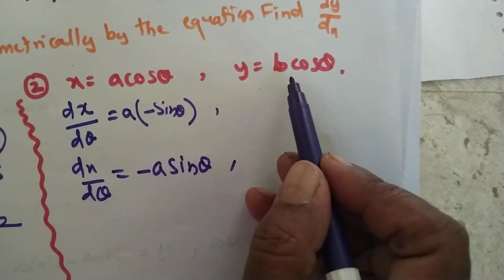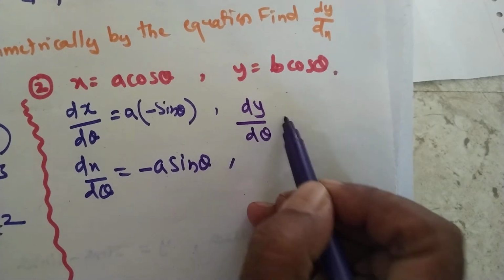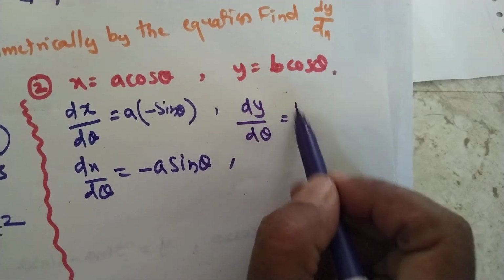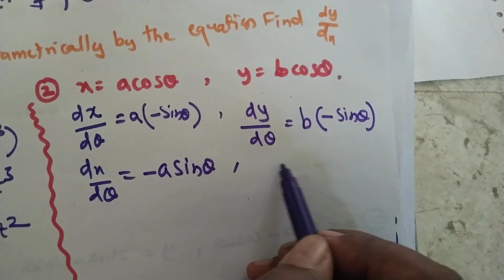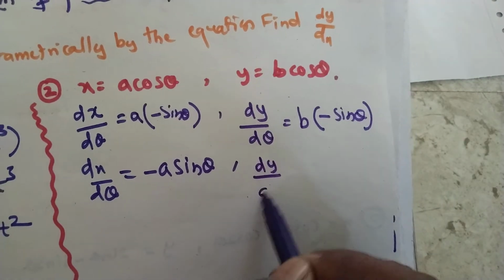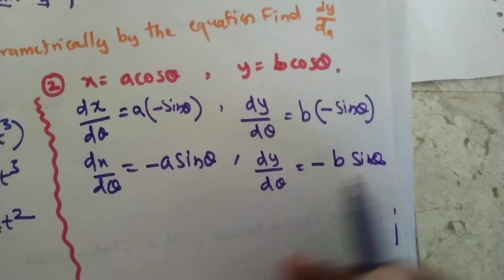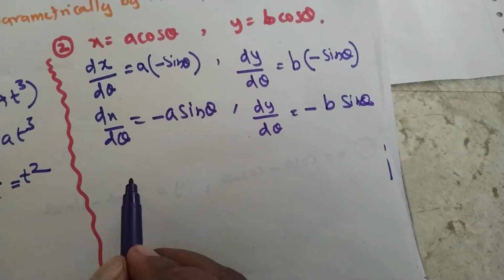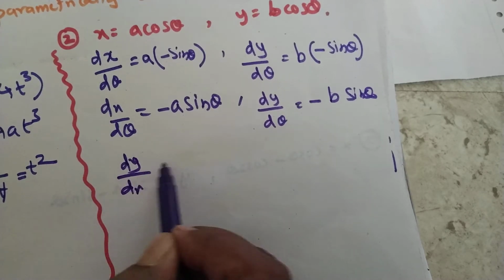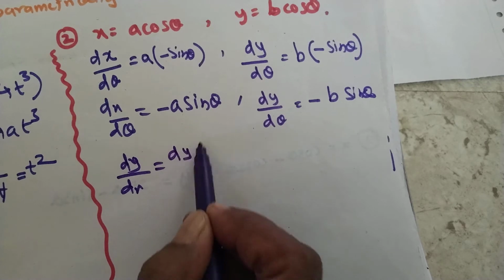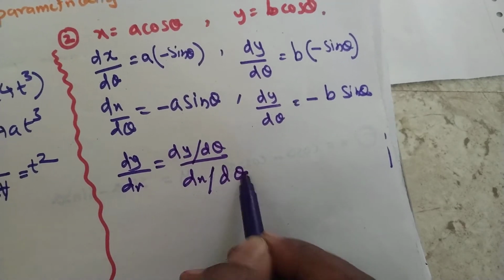Here y equal to b sin theta. dy by d theta, b is a constant, keep it as it is. Differentiation of sin theta is cos theta. So dy by d theta equal to b cos theta, and dy by dx equal to dy by d theta divided by dx by d theta.